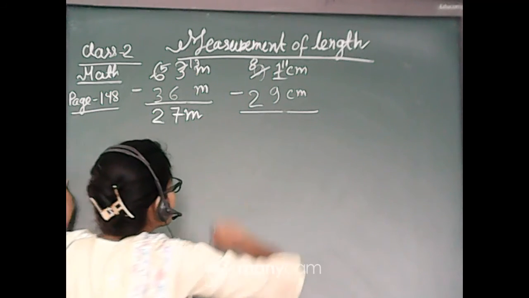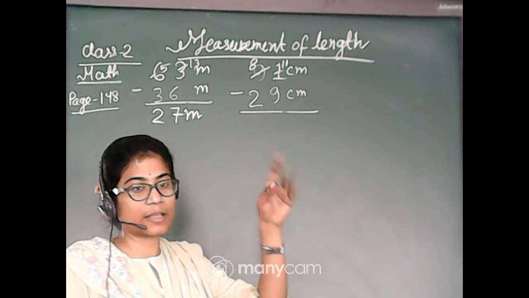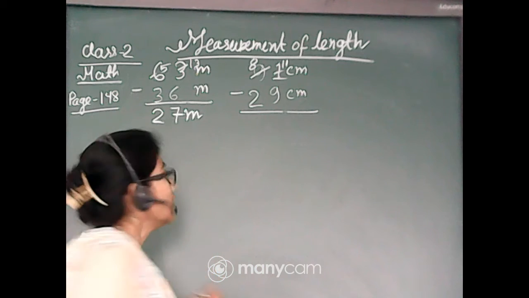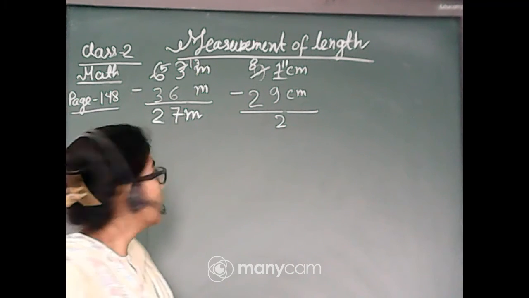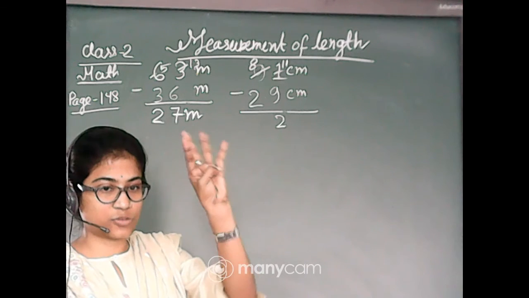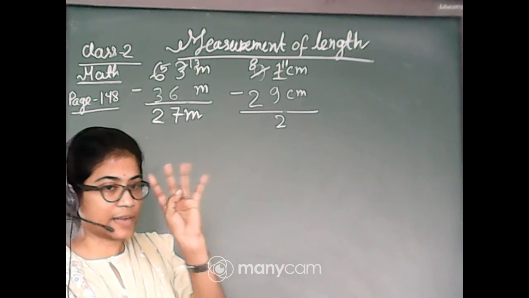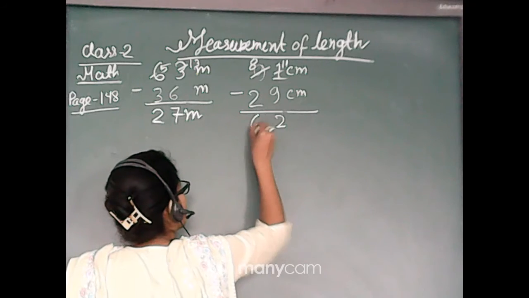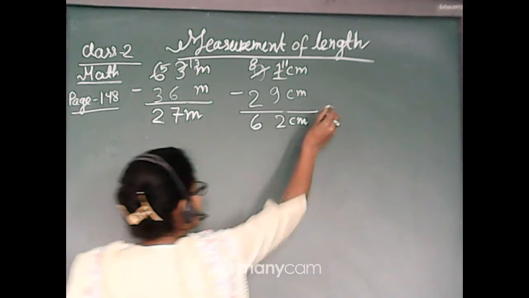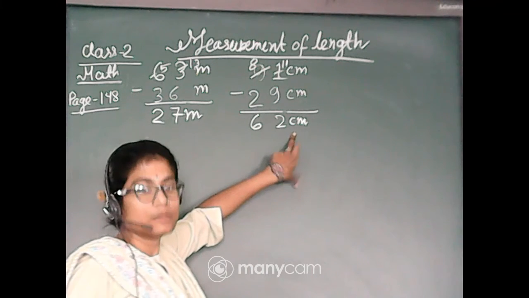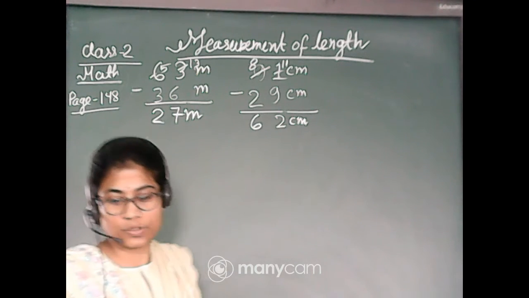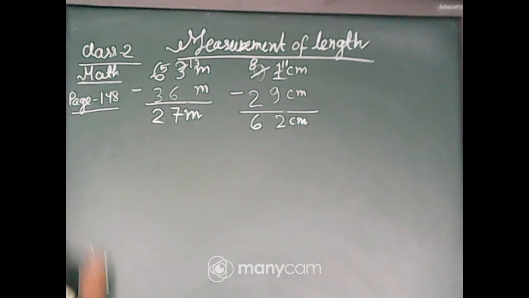After 9 we count 10, 11, so 2 fingers, and after 2 we count 3, 4, 5, 6, 7, 8, so it becomes 6 fingers. Now it's centimeter, and it is important that you mention the unit. So 62 centimeter.